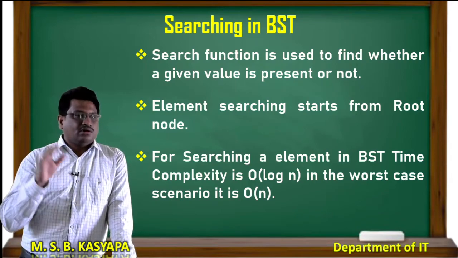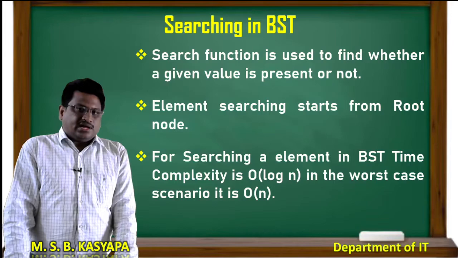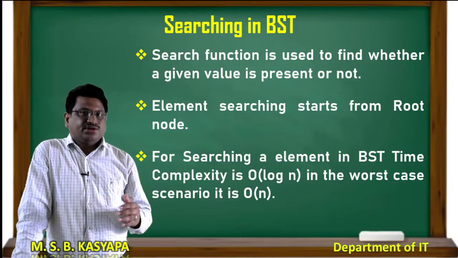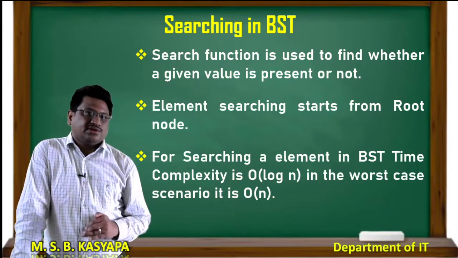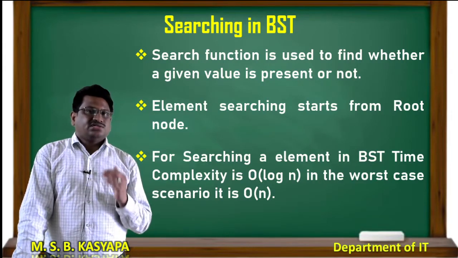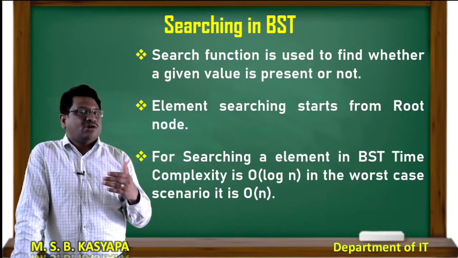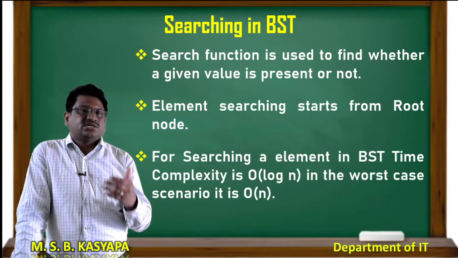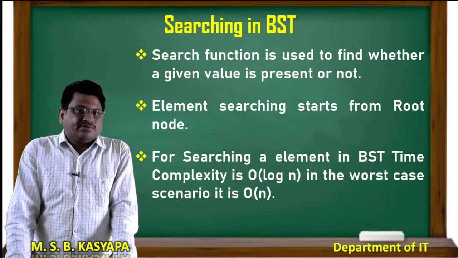Why? Because all the elements are in a sorted format. But as we discussed in the previous video, if I have a left skew tree or a right skew tree, then the binary search tree has a time complexity of order n. How it is order n and how it is log n, we already discussed in the previous video.